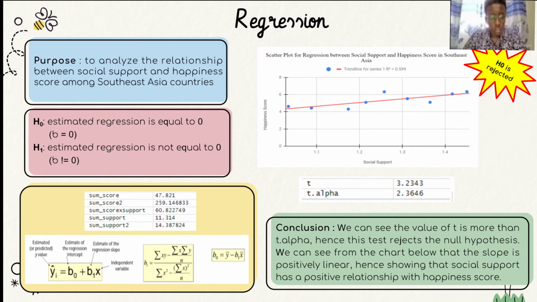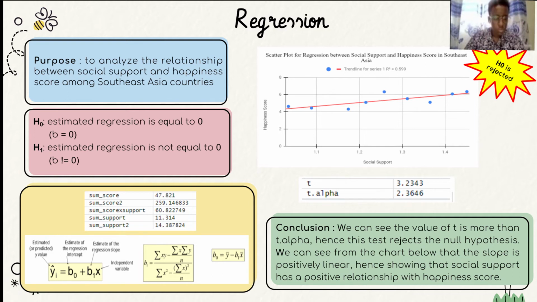The alternative hypothesis would be the true correlation is not equal to 0. Since we use the same variables for regression and correlation, the values for the variables are the same. We are going to use the regression formula as shown here.